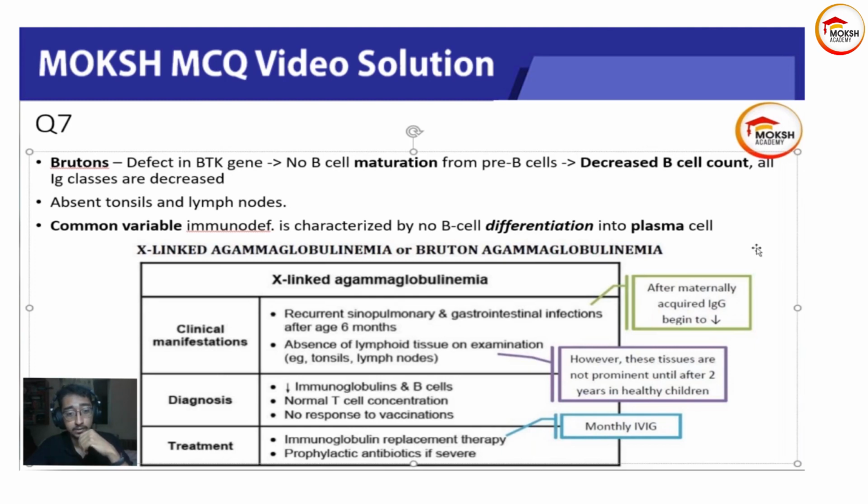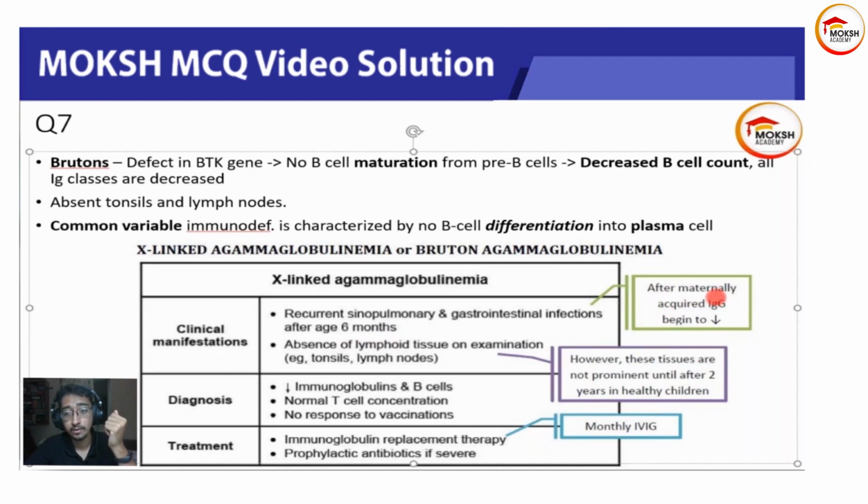Okay. So also check this out. Infections and sinopulmonary and GI infections after 6 months. Okay, remember this. After 6 months. Why?